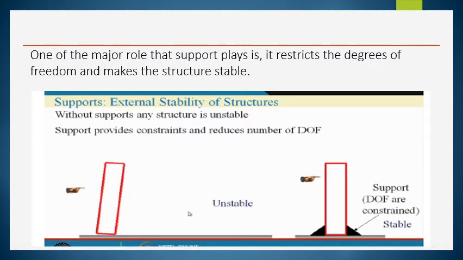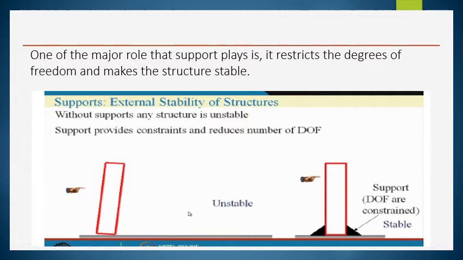Support restricts the degrees of freedom and makes the structure stable. If you see the left hand side diagram, we can say that the object is unstable, as just by giving some push it may fall down. But in the right side diagram, it is given some kind of support, so the motion is restricted by the support.